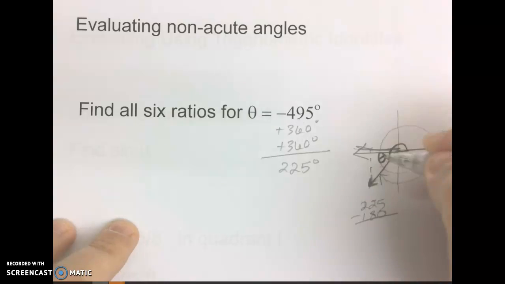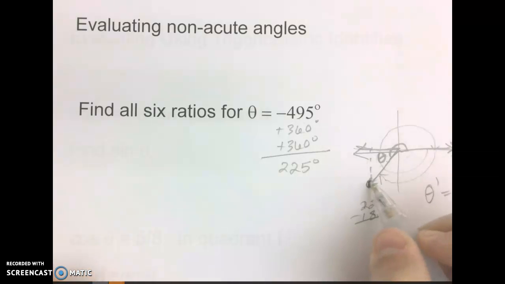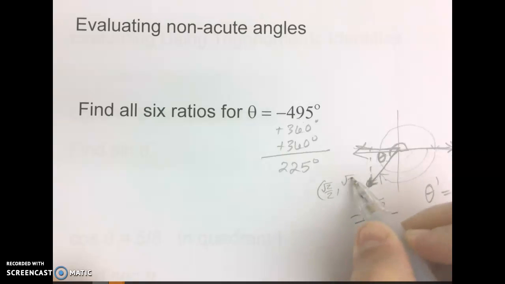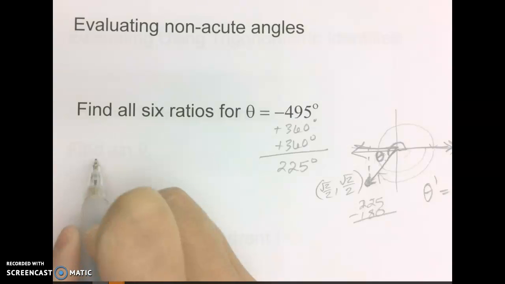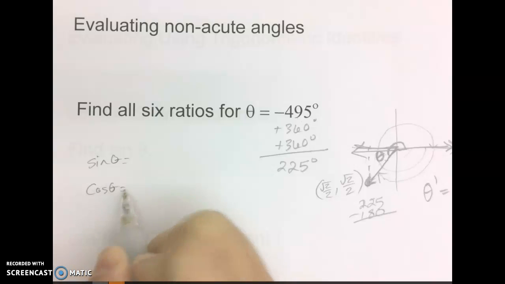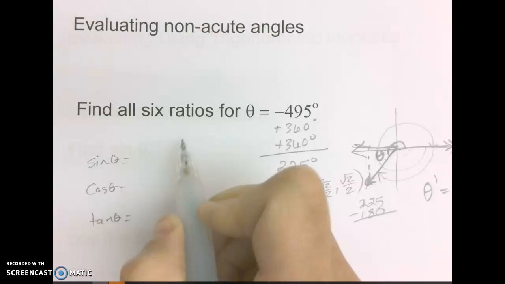That's going to leave me with 45 degrees here. So my reference angle is actually a 45 degree angle. And if I know that's 45, then this right here would be the square root of 2 over 2 and the square root of 2 over 2 in the unit circle. So to find all 6 ratios, sine of theta, cosine of theta, tangent of theta, I just have to go back and look at my, I believe that was 5 pi over 4.